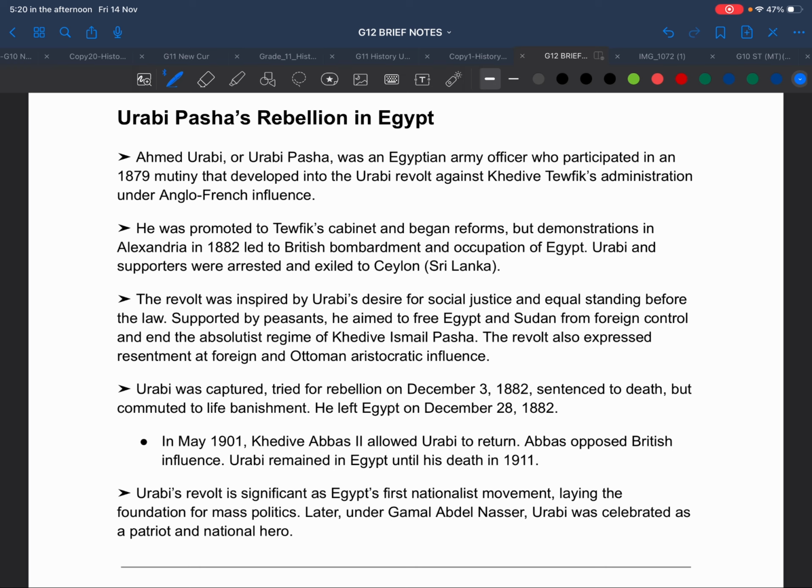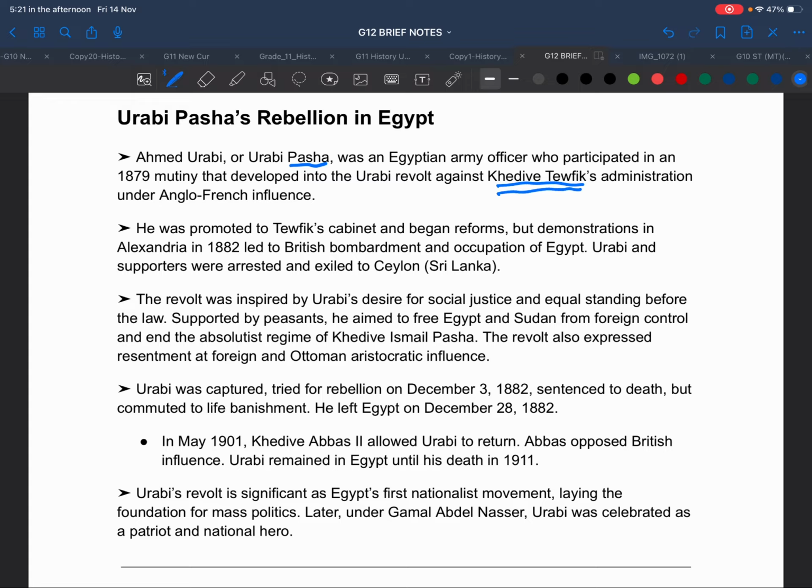Ahmed Urabi, or Urabi Pasha, a title given by the Turks to the local chief, to the military of the Egyptians, because Egypt had frequently been under the control of the Ottoman Turks, was an Egyptian army officer who participated in an 1879 mutiny that developed into the Urabi revolt against Khedive Tawfik's administration under Anglo-French influence. Tawfik was the one who succeeded Khedive Ismail Pasha.